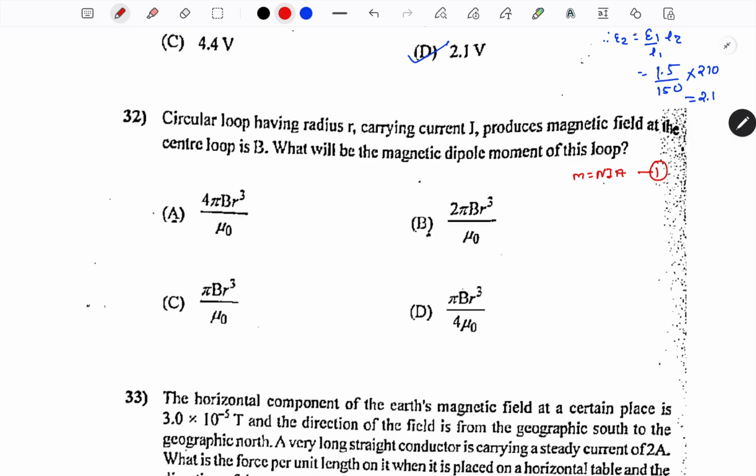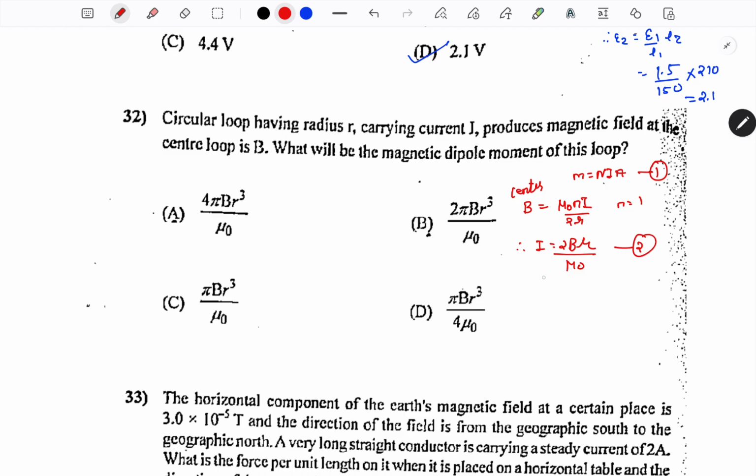But the magnetic field at the center of the loop is equal to mu 0 N I by 2R, where N is equal to 1 for a loop. Therefore I is equal to 2 B R by mu naught. Let's say this is equation 2.